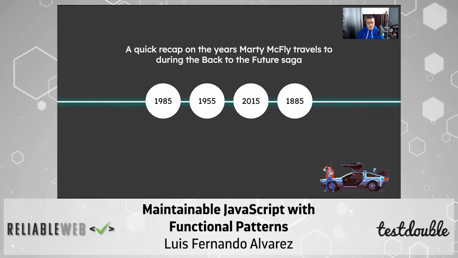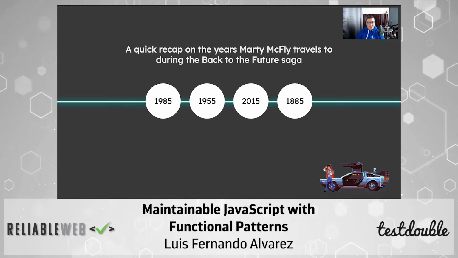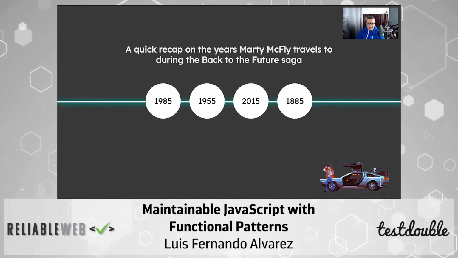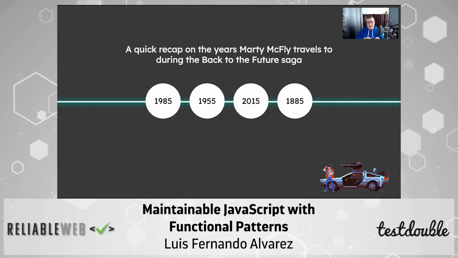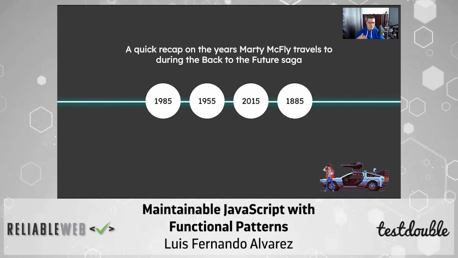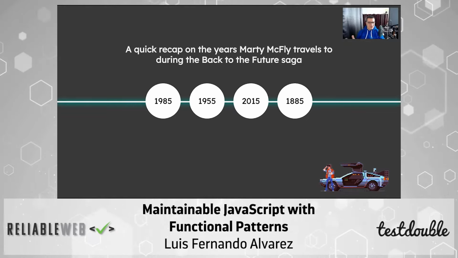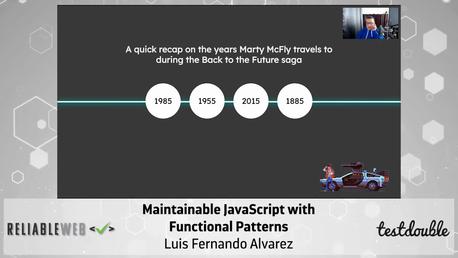And the characters in the movie just take a lot of decisions, and that obviously affects the timeline. And when Marty goes from 1985 to visit his parents in 1955, he just does a lot of things that alter the future, right? For him and for everyone, really.